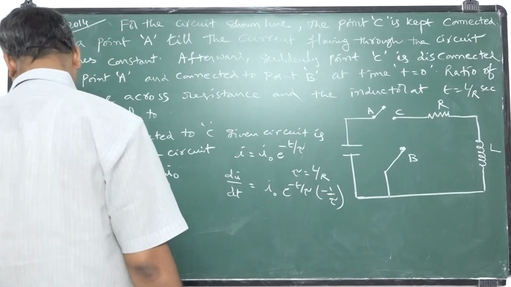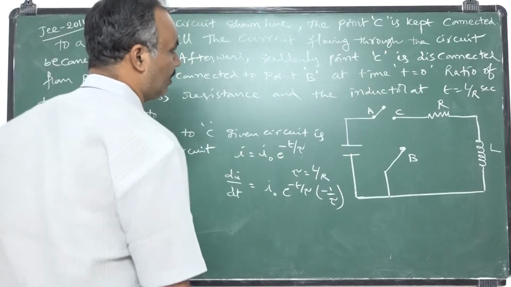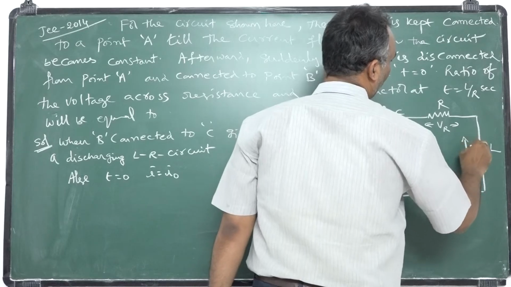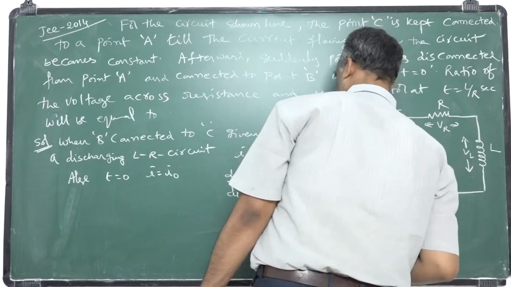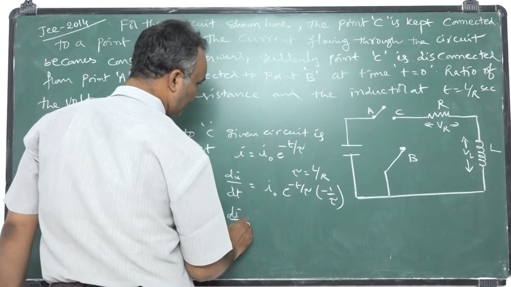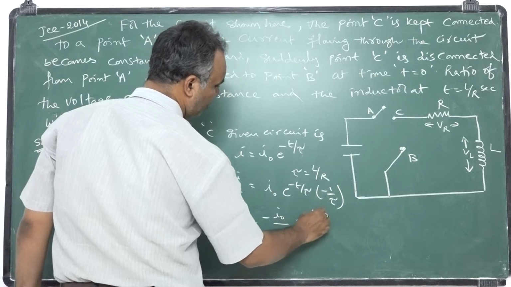So di by dt is simply minus I naught by tau into e power minus t by tau.